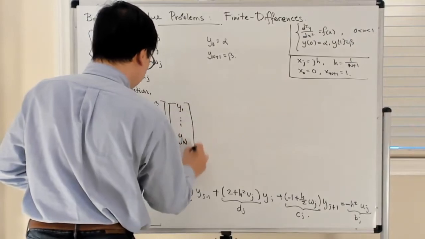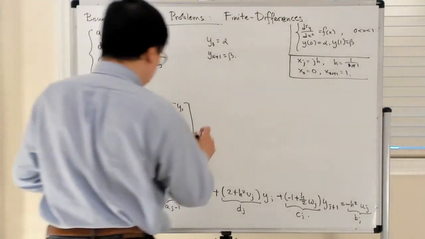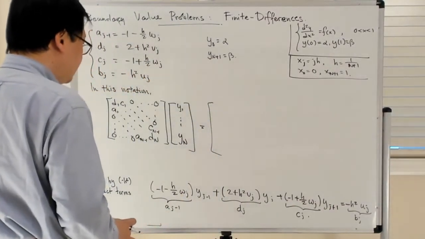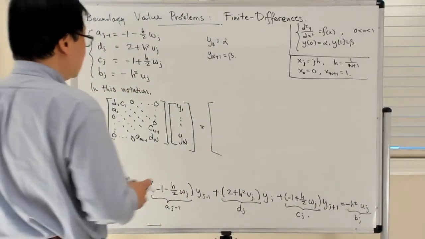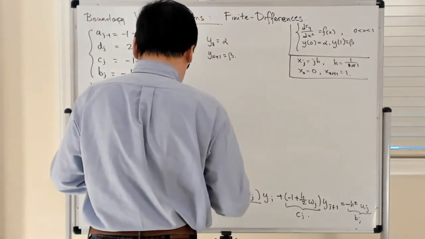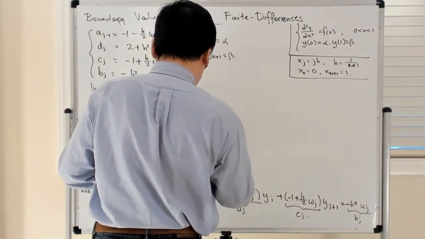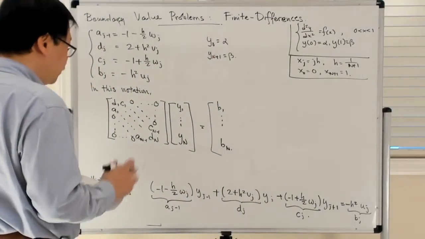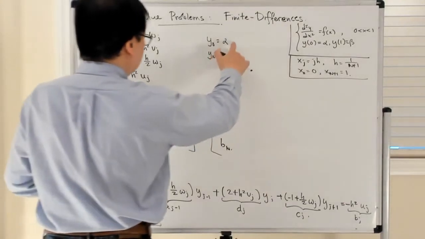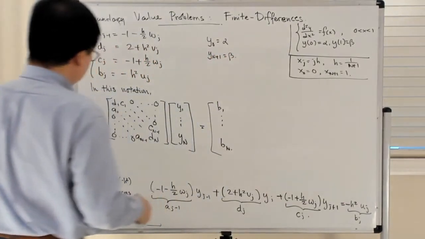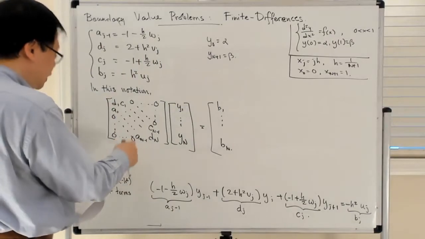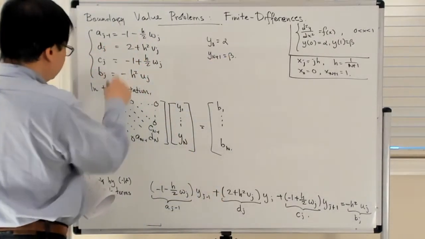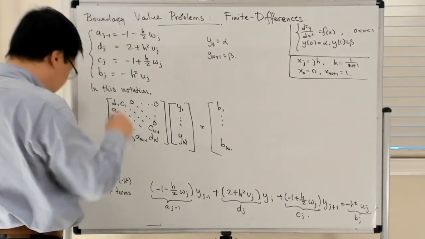So this part is fairly similar to the case before. Then you have the right-hand side b1 to bn as before, and again you have to include the boundary data. Because these coefficients are now more complicated, that correction involving the boundary data involves these a and c coefficients.